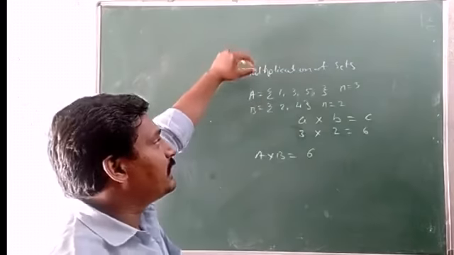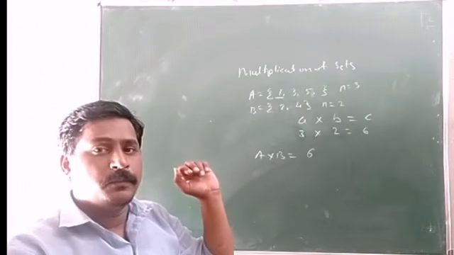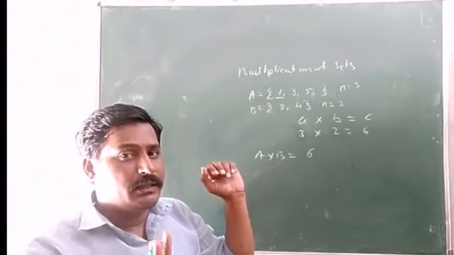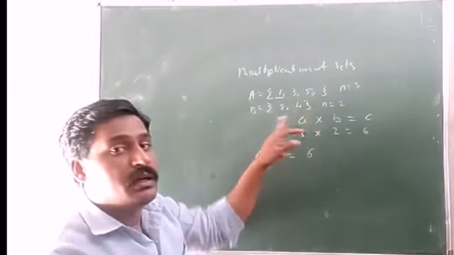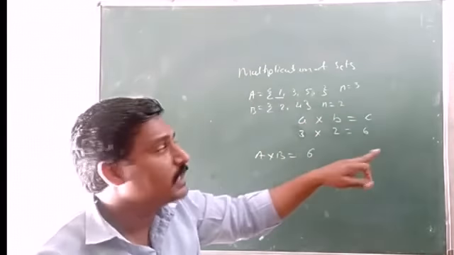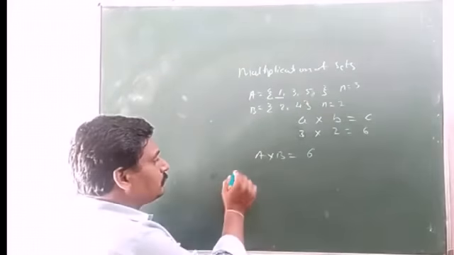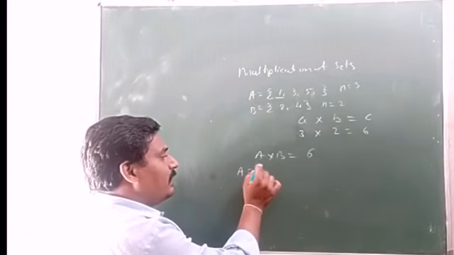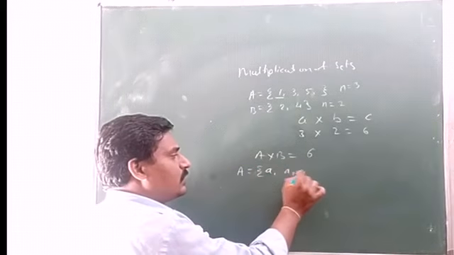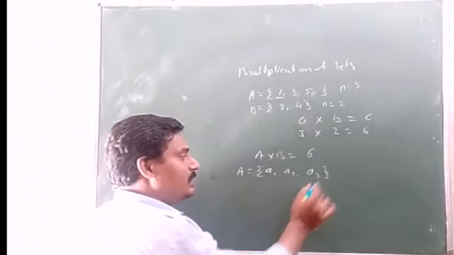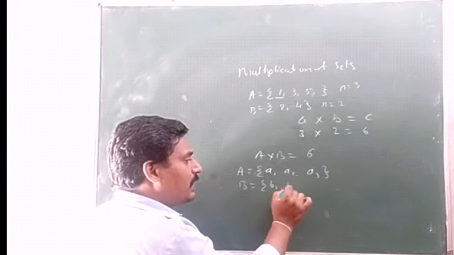First we take one element in set A, we don't multiply anything, then we take that element along with all the other objects in set B. Suppose A has elements A1, A2, A3 and set B has elements B1, B2.